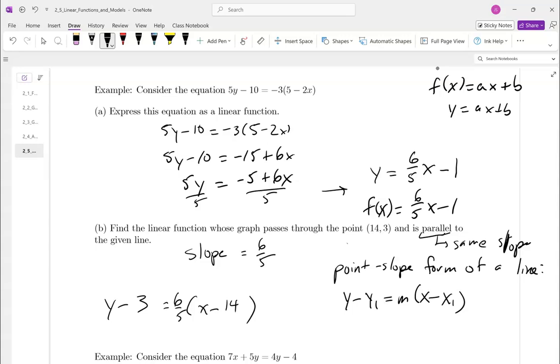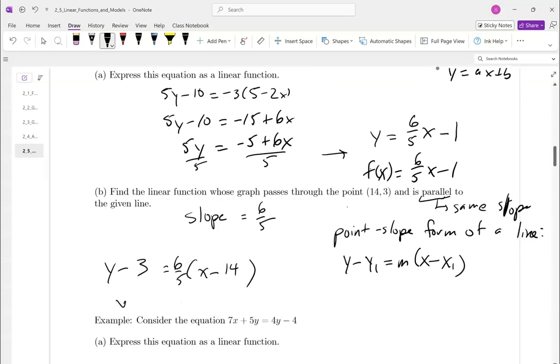So there's an equation of the line right away, right? y minus 3 equals 6/5 times x minus 14. That's an equation of the line. If you want to put it in linear function form, what are we going to do? If you want to write it in the formula we have for linear functions, we're going to solve for y again. Got to play with the fractions a little bit. I got to distribute the 6/5. 6 times 14 is 84.